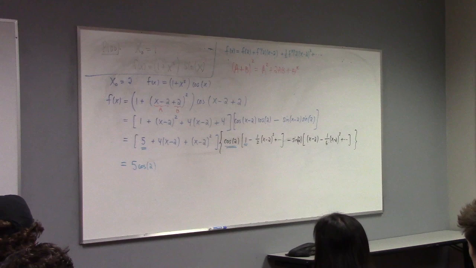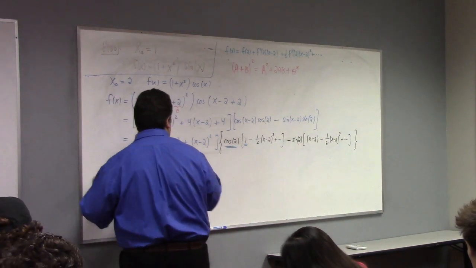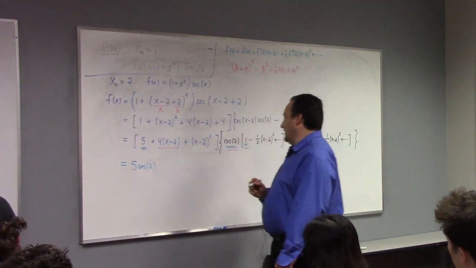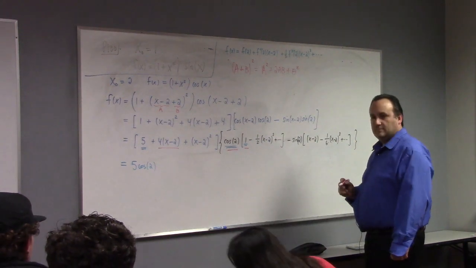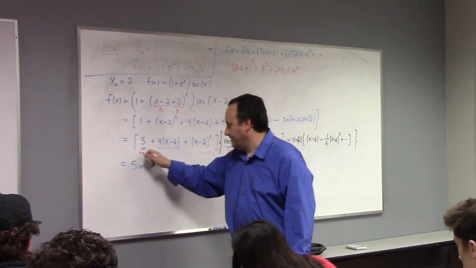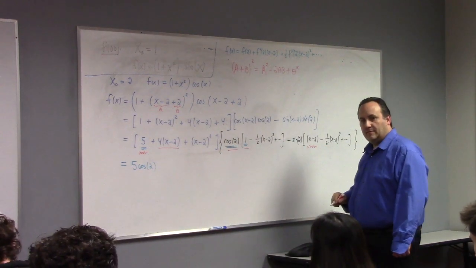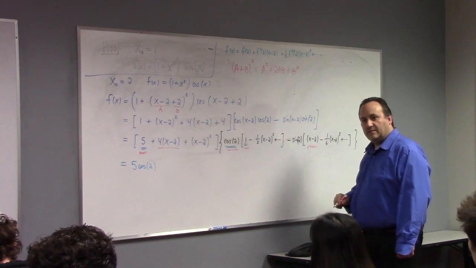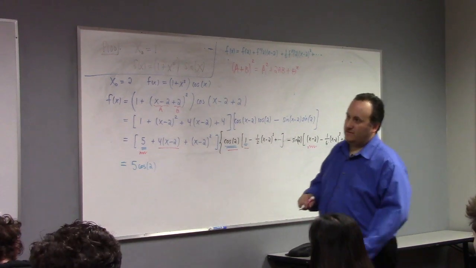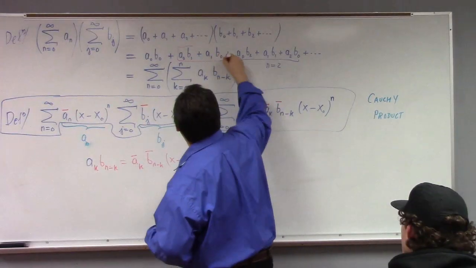But what's next? So linear terms. To get a linear term, I've got this times these. Anything else? I also have this 5 times this guy. Is there any other way? No, that's it. Just like up here, these were the only ways to get linear terms.